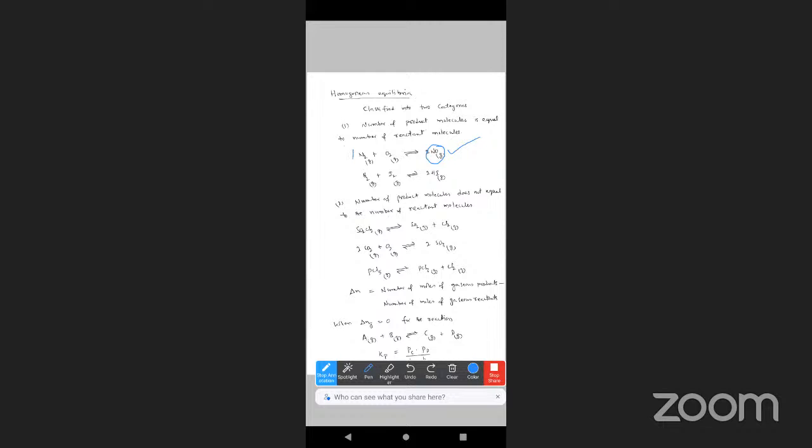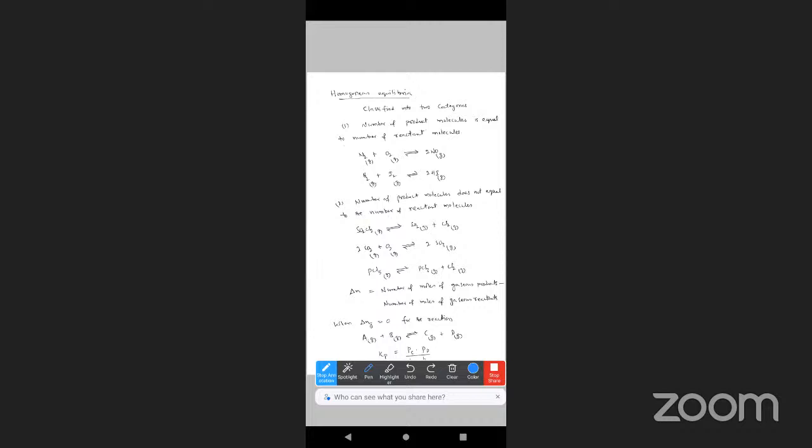So 1 mole of nitrogen reacts with 1 mole of oxygen, and we get 2 moles of NO. So the gaseous reactants are 2 and gaseous products also 2, which means number of product molecules is equal to number of reactant molecules.